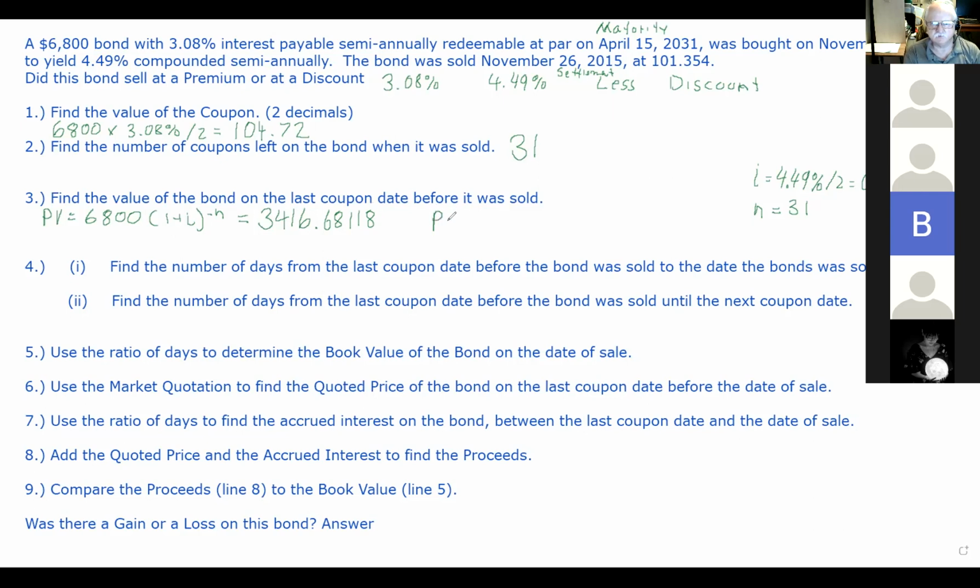So we also want the present value of the coupon stream, and we know the coupon is 104.72, and this is 1 minus 1 plus i to the power of negative n, all over i. So let's try that.